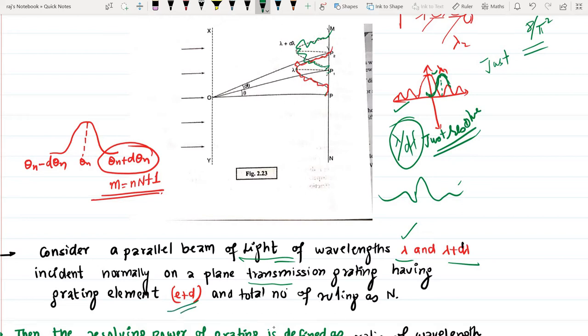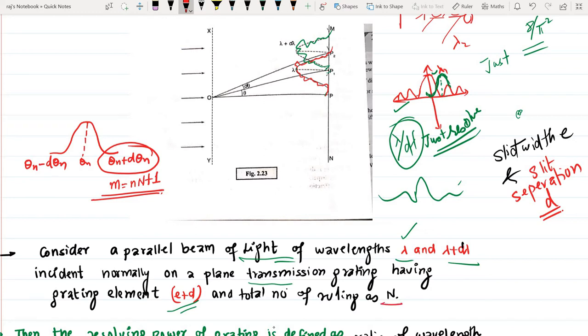As we have already seen in previous lectures, the grating element is the sum of the slit width e and the slit separation d. So the grating element is e plus d and the total number of rulings is N.